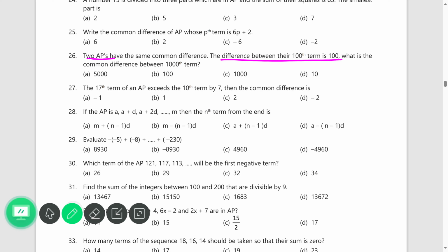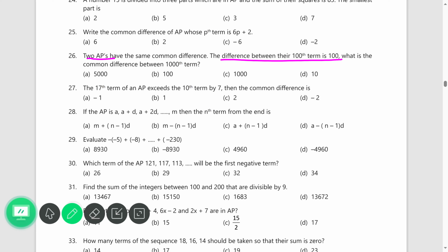Take the minus multiple inside: a plus 99d minus A minus 99d. Oh sorry, a will not cancel, because that is small a and that is capital A. Capital A and small a never cancel. Plus 99d minus 99d will be cancelled.